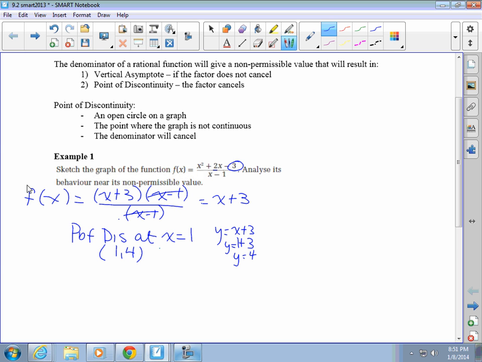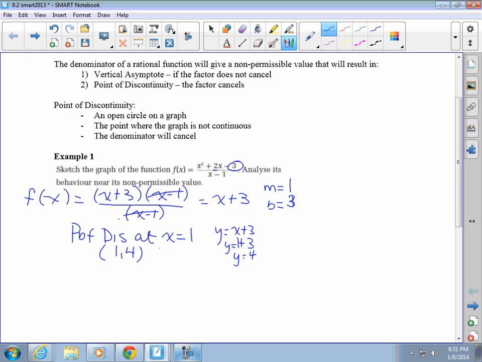I started out with a quadratic, an x squared, and now I've reduced it down to a degree of 1. A degree of 1 means it's a linear function, so I have a line with my m value, or slope, at 1, and my y-intercept, or the b value, at 3.